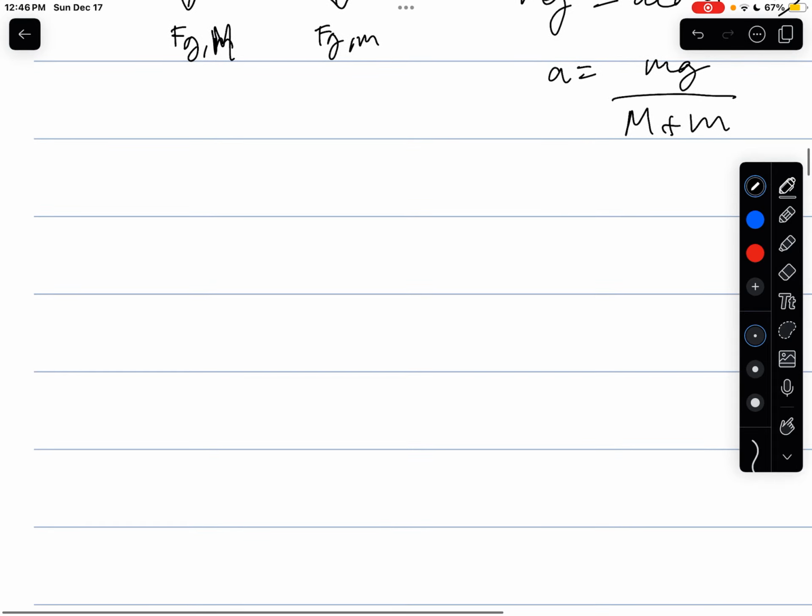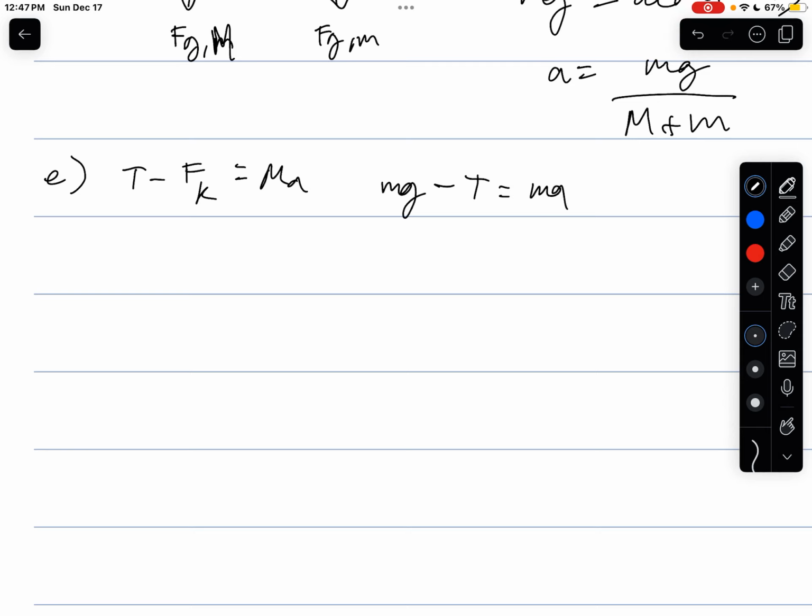For part E, I have to derive an expression for the system in terms of m, big M, mu k, and g. Okay. So I know T minus Fk equals big MA. And I also know that Fg or mg minus T equals to ma.